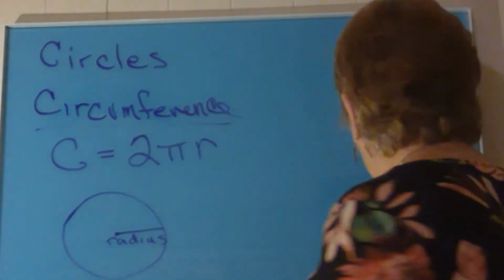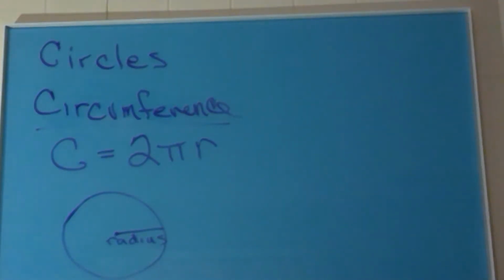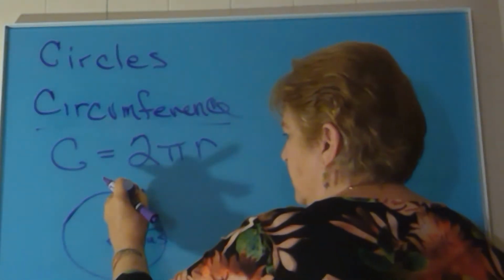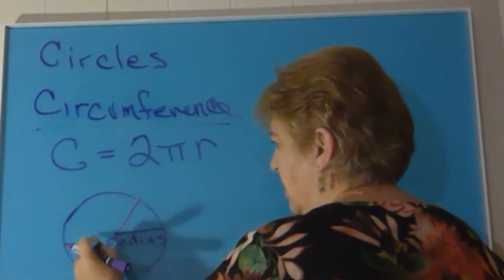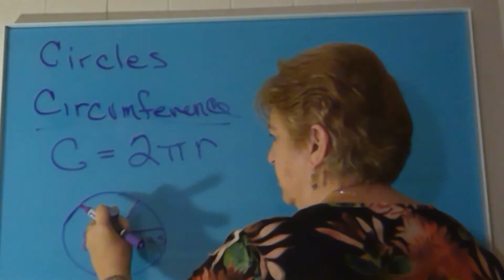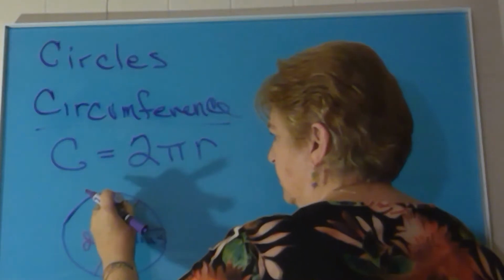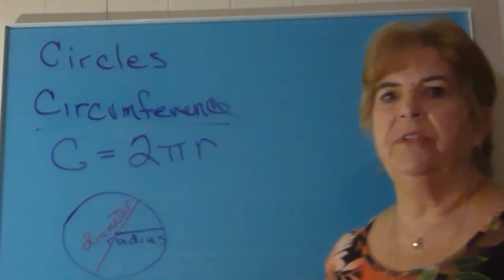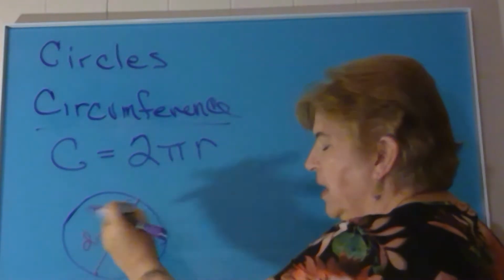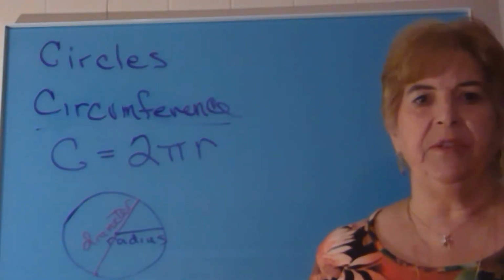And while I have this nice diagram here, let's also look at the diameter of a circle. It is the distance from one side of the circle to the other going through the center.